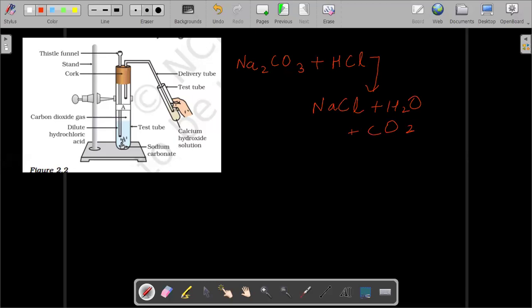Do you remember the formula? So calcium hydroxide is Ca(OH) whole twice. This is calcium hydroxide. When this calcium hydroxide combines with carbon dioxide, what are the products formed?